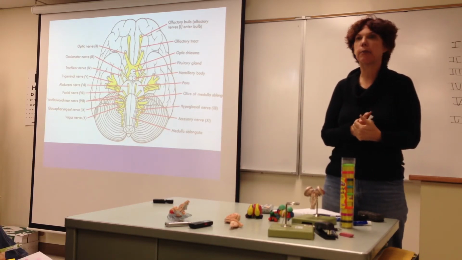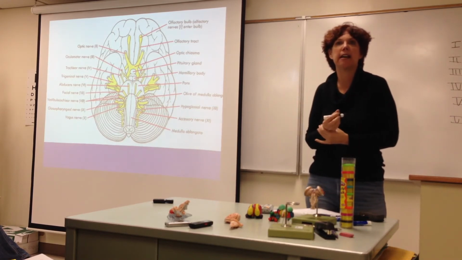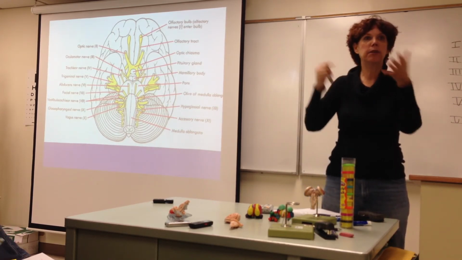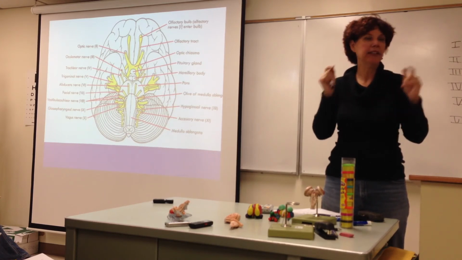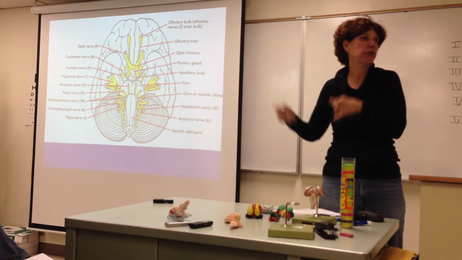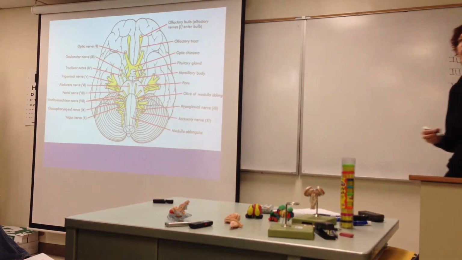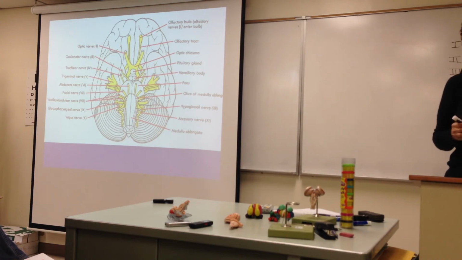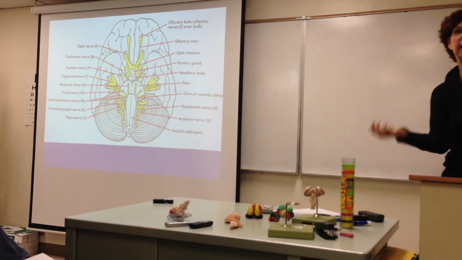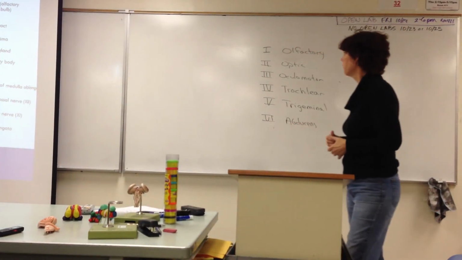So I will say, which of the following cranial nerves functions to slow the heart rate down? Oculomotor, parentheses, cranial nerve 3. Vagus, parentheses, cranial nerve 10. Glossopharyngeal, parentheses, cranial nerve 9. So I will never ask you to tell me what cranial nerve number 10 is, or what's the cranial nerve number of the trigeminal nerve. Okay, so I actually want the name, or I will give you a name and number.